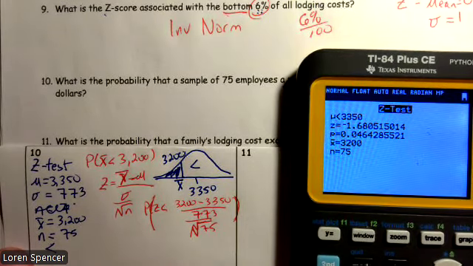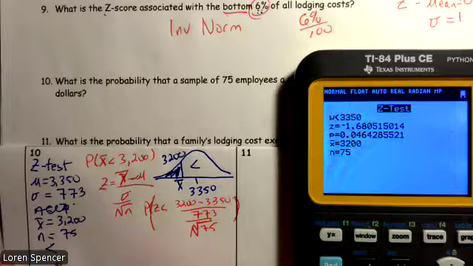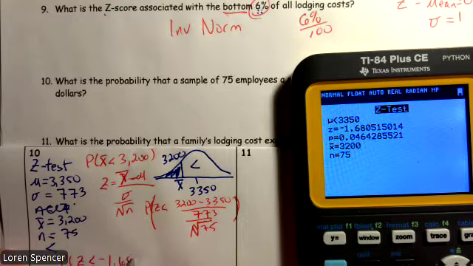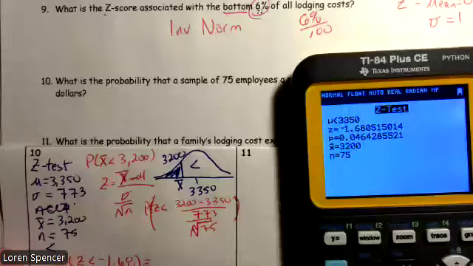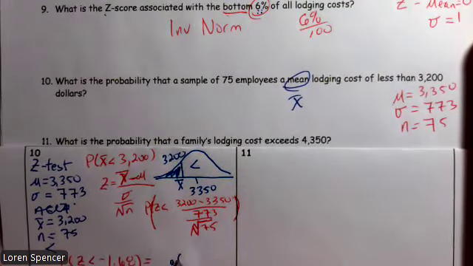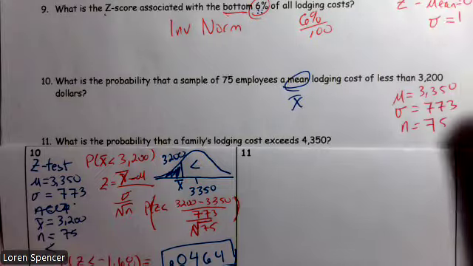So the probability that Z is less than negative 1.68 equals 0.0464. Please remember, if it's in blue, I need to see it.